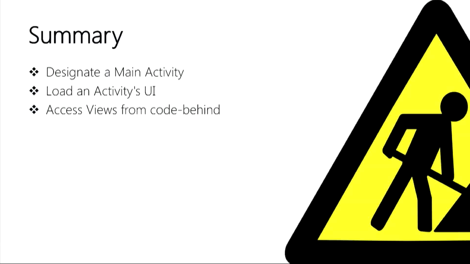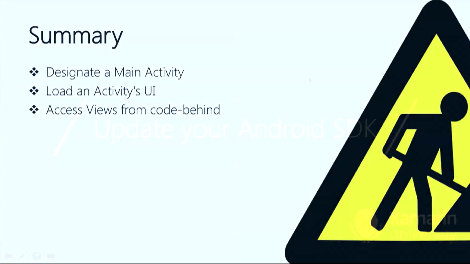And SetContentView instantiates all the views in the file and then shows that UI to the user. And finally, we added some IDs to a few of our views in our XML and then used those IDs to look up the views from code behind. And that's how we, in the code behind, get access to our UI elements.